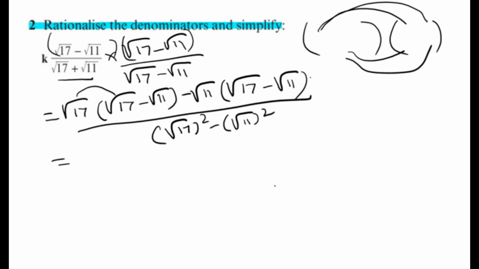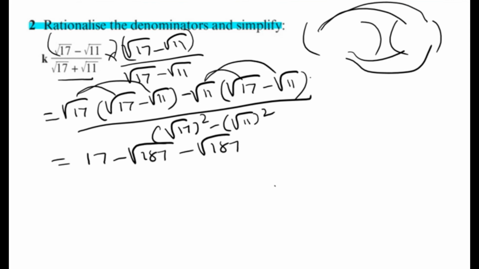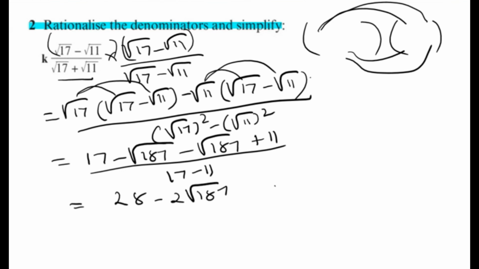Root 17 times root 17 is 17. Root 17 times root 11 gives you root 187, minus root 187, and plus 11, since root 11 times root 11 is 11. Bottom: 17 minus 11, which is 6. The top is 17 plus 11, which is 28, minus 2 root 187, over 6.